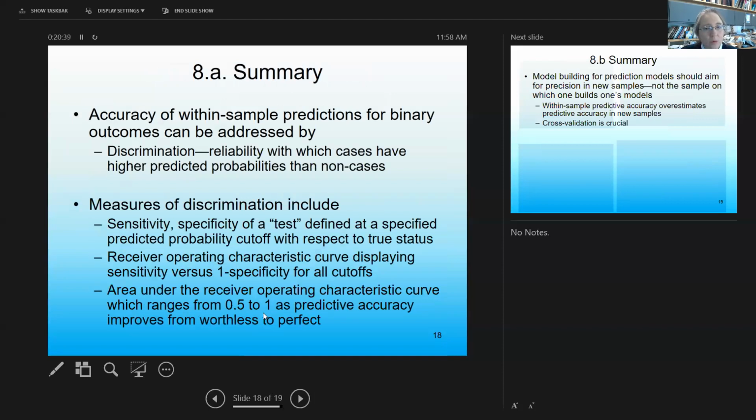And so the two main points are that we talked about discrimination in considering the quality of prediction rules for binary outcomes based on sets of predictors. We described discrimination as the reliability with which cases or true positives have higher predicted probability than non-cases or true negatives. We discussed specific measures of discrimination, including sensitivity, specificity, receiver operating curves, and areas under receiver operating curves.